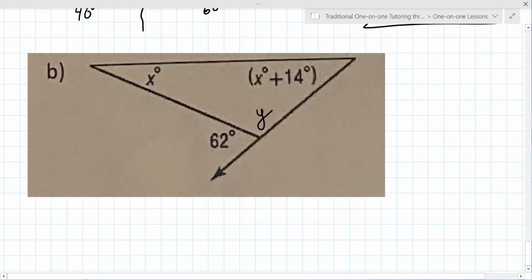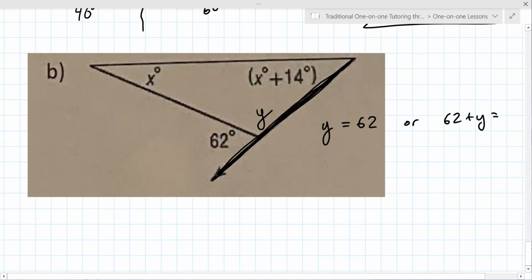What do we know about 62 and Y? Are they equal or do they add up to something? And this is a straight line right here. Does Y equal 62, or is 62 plus Y equal to something? 62 plus Y is equal to something.